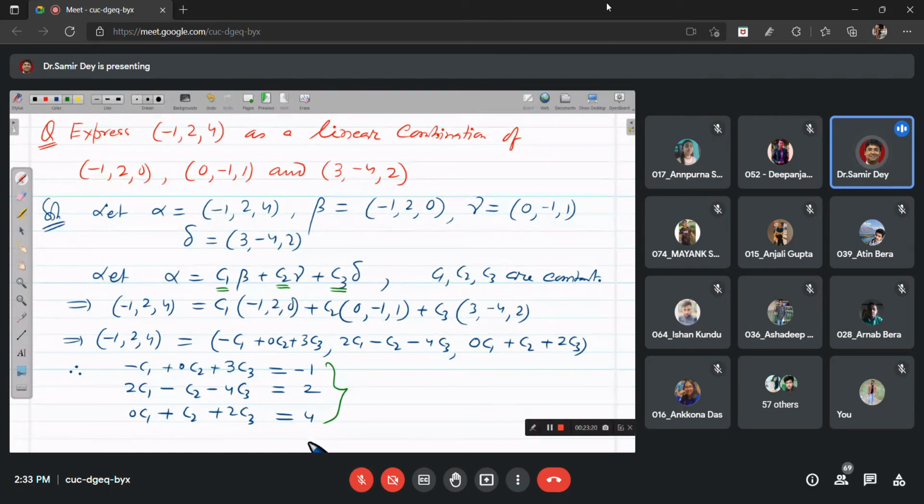From your 11-12, or in BTech, you already know there are different methods to solve this system of equations with 3 unknowns. One is Cramer's rule, number 2 is Gauss elimination method, number 3 is matrix inverse method.